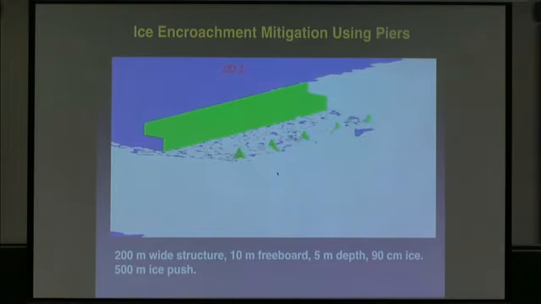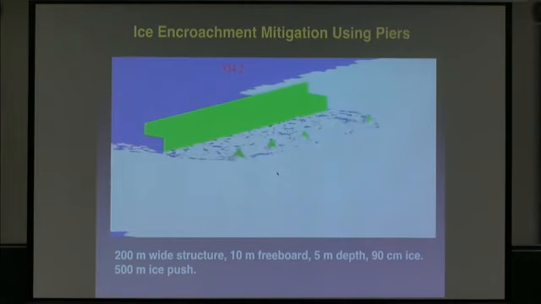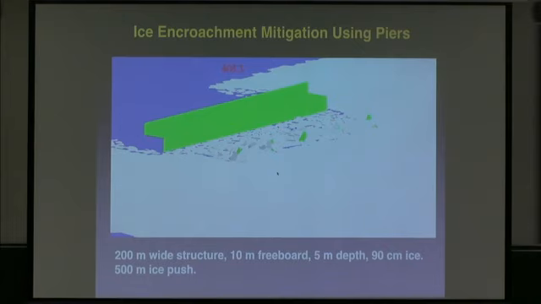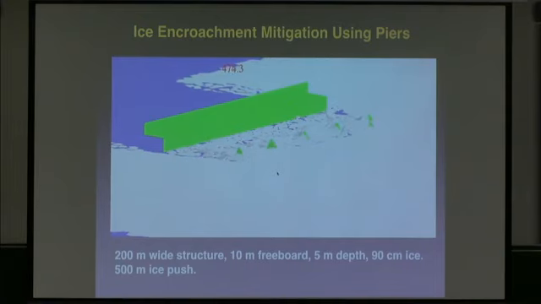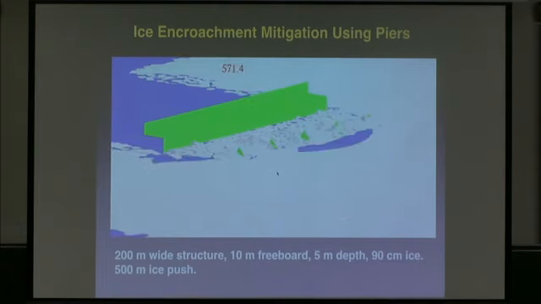The spacing between these piers is 40 meters, and the characteristic length of this ice is 10 meters. There's probably some correlation between those two. But look, all of the action is happening at the piers.